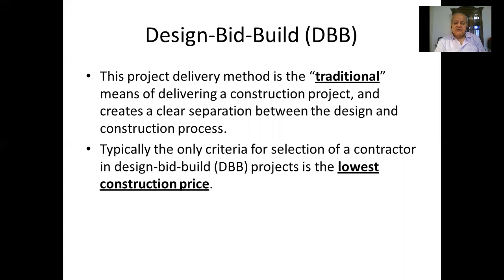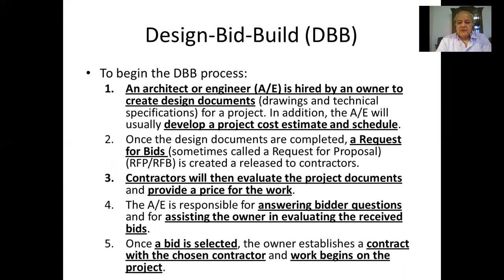Design bid build, as we said, is the traditional method where you provide construction documents to different bidders, and they submit their bids, and you select the lowest price or most appropriate contractor. So this is the traditional way that most projects follow.